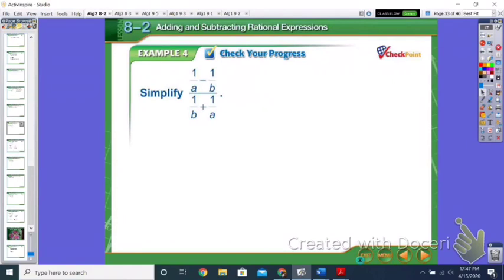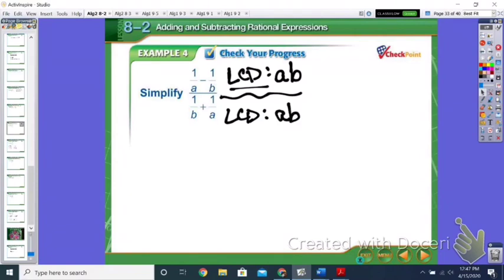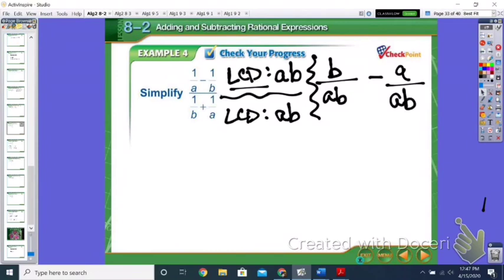So again, let's treat the numerator and denominator separately. LCD of the numerator is going to be AB, and LCD of the denominator is going to also be AB. So let's see, maybe I can just make use of the space over here. We're going to get B over AB minus A over AB, right?